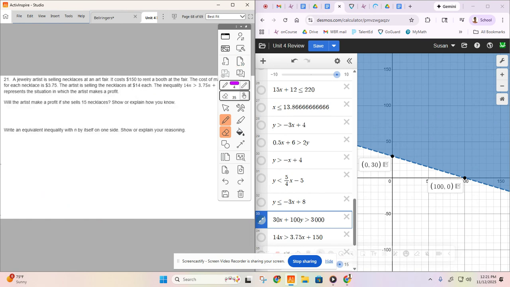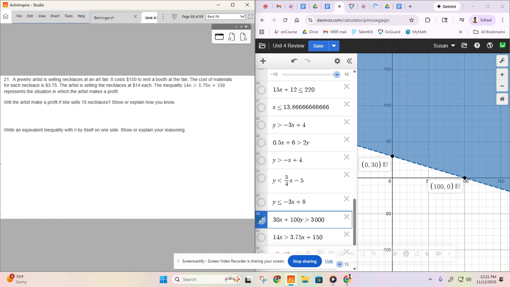Last problem, a jewelry artist is selling necklaces at a fair. It's $150 to rent the booth, and that is where we get this $150 here, and $3.75 for her expenses to create the necklaces. The sale price, the amount she's gonna earn, is $14 times the number of necklaces.